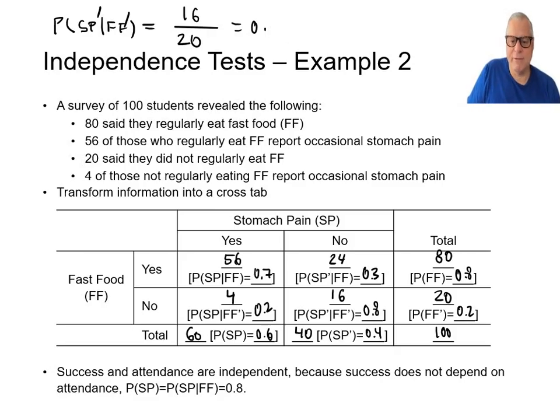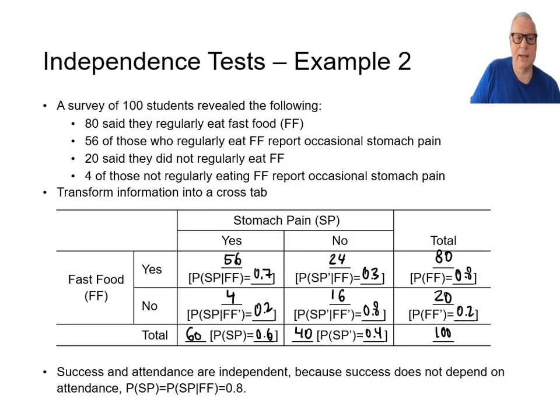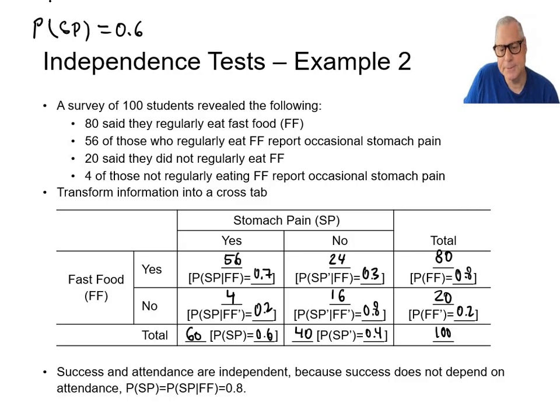Okay, so now we have everything, so now we can conduct again an independence test, and let's say we want to know whether the probability of a person reporting stomach pain from the entire population is 0.6. And what's the probability that somebody has stomach pain given that they regularly eat fast food?